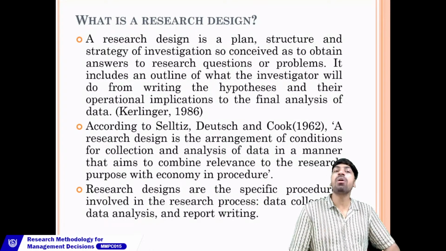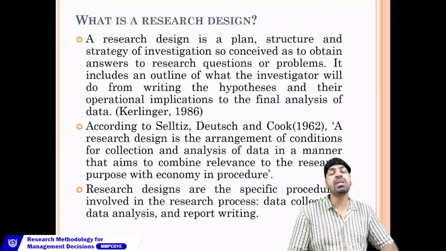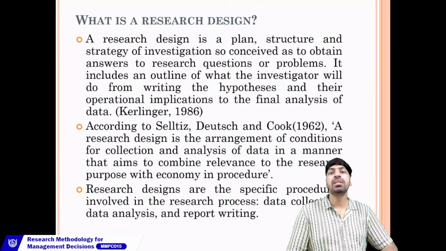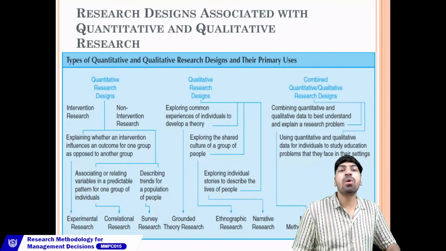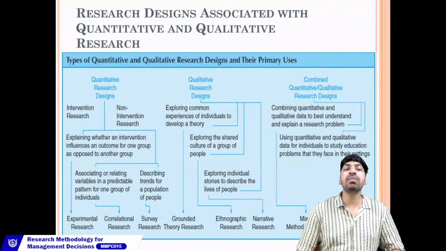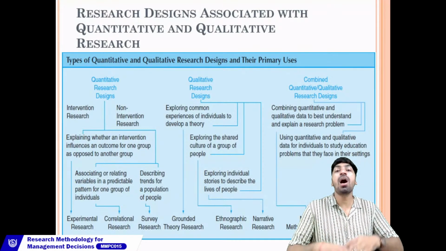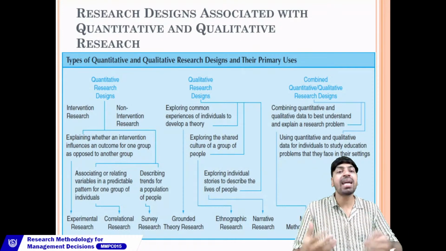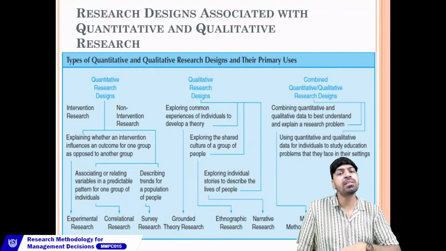So it is very important to understand that research design is one of the most important tools of the research project or report. This is also one of the most important types, with their primary uses, and how you identify, okay, this is our research topic, so which research design has to be applied.